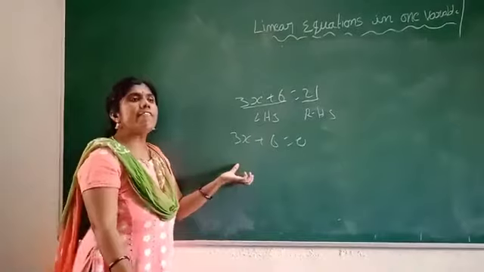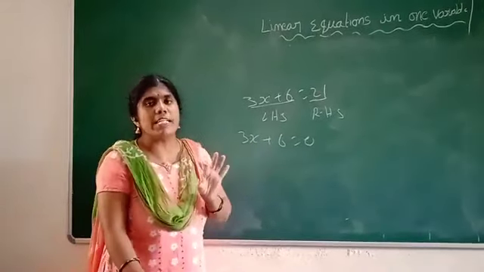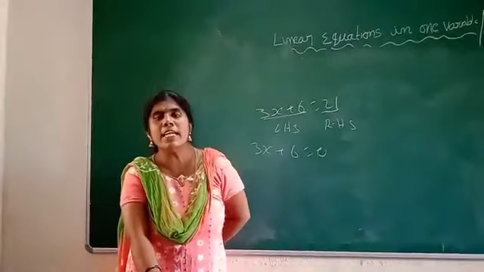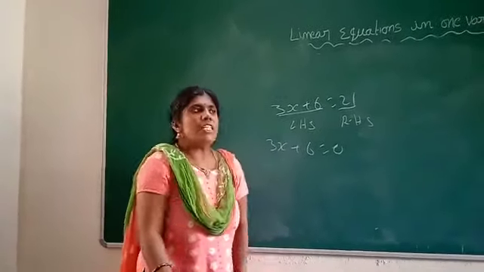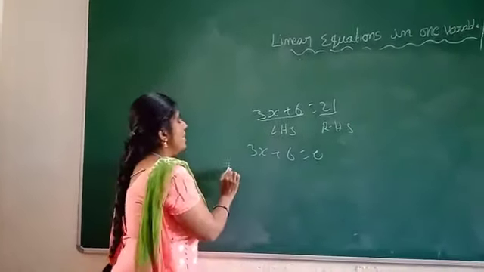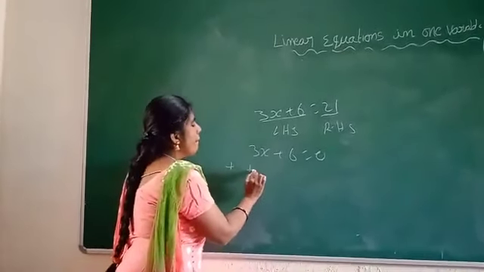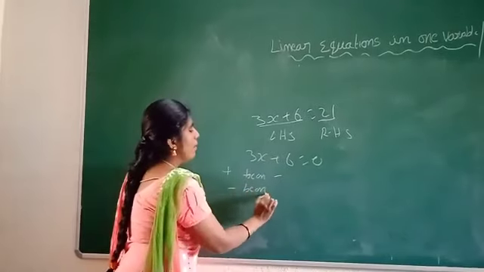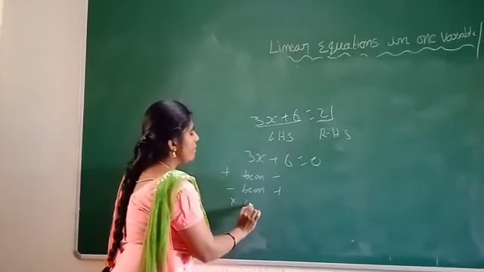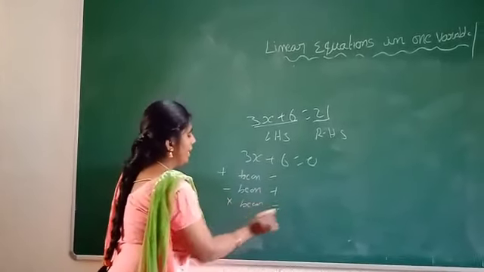Next, solve the linear equations. How many methods? Two methods. One is the trial and error method. Second one, the transformation method. What is the transformation? Basic. Plus becomes minus. Minus becomes plus. Into becomes divided by.